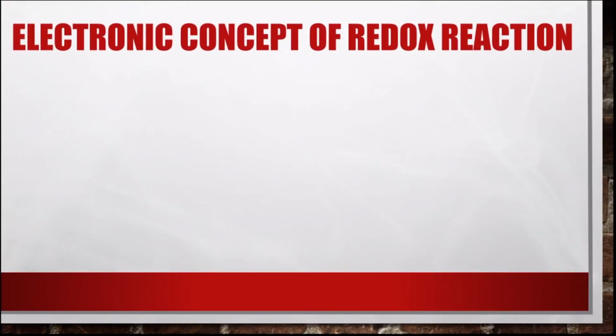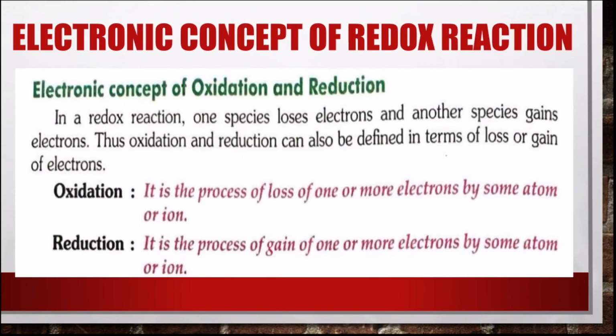Now let us study the electronic concept of redox reactions. In a redox reaction, one species loses electrons and another species gains electrons. Thus, oxidation and reduction can also be defined in terms of loss or gain of electrons.